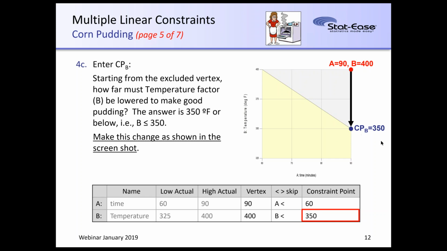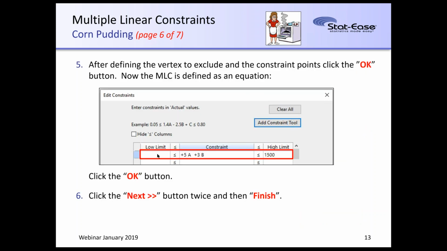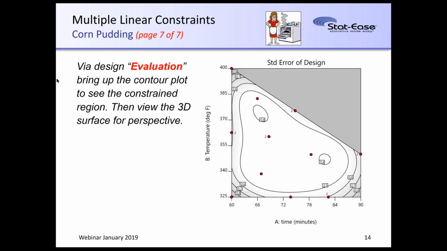Now defining those 2 points and solving gives us this linear constraint. So Design Expert just does a little bit of algebra and out comes the linear constraint. We then click the OK button and we click Finish, and that'll build an optimal design for us.